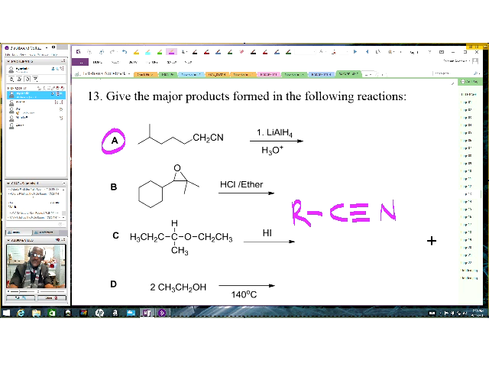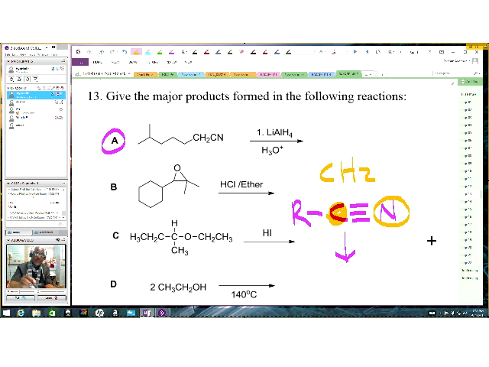You have a carbon-nitrogen triple bond. Anytime you have a carbon-nitrogen triple bond, and of course you have lithium aluminum hydride, what happens is that this carbon here is reduced to a methylene group, becomes a CH2 group. And then to the nitrogen, you add 2 hydrogen atoms, so you get a primary amine.